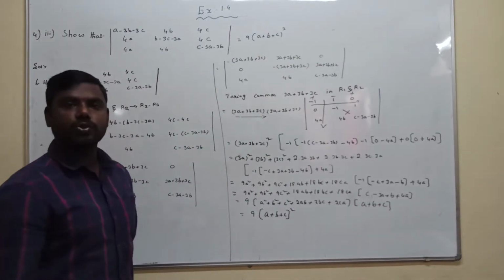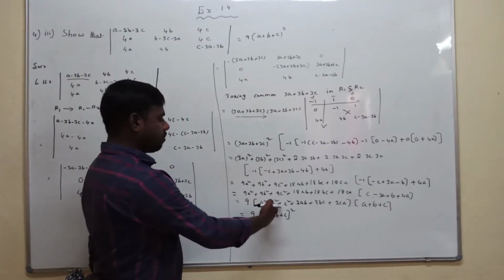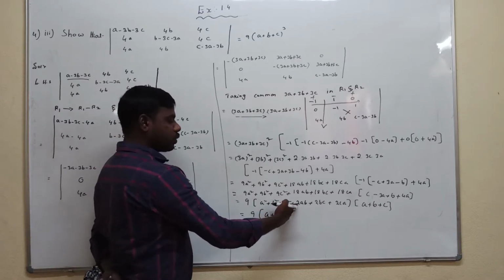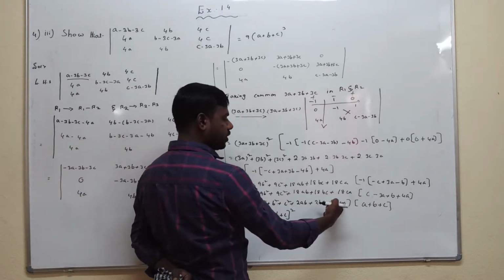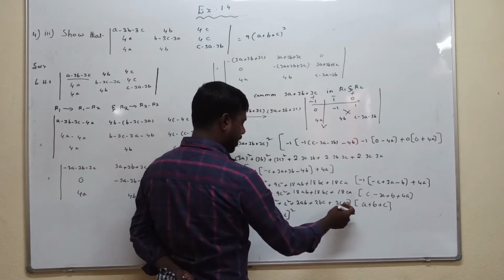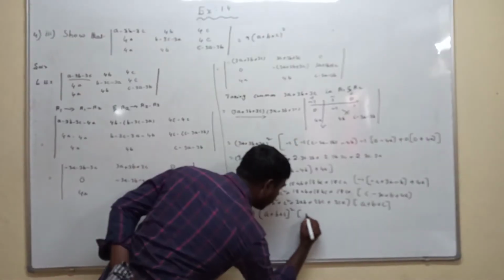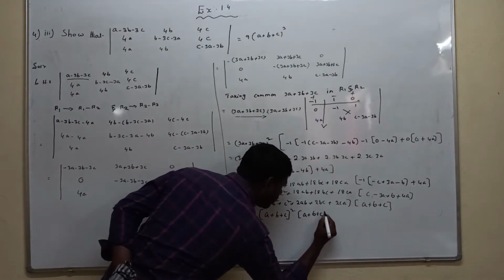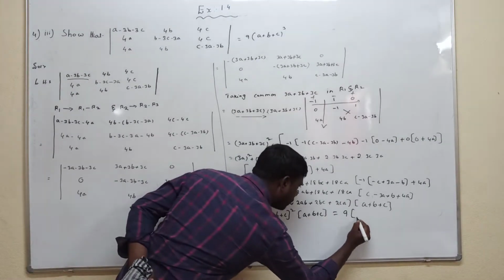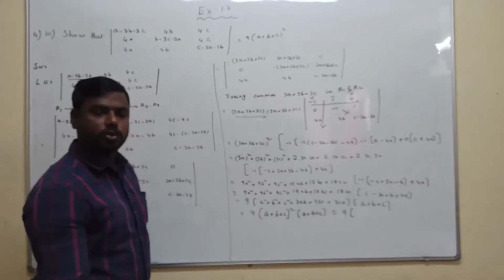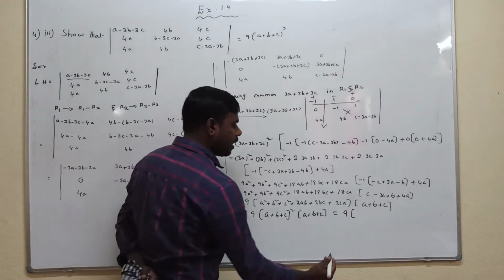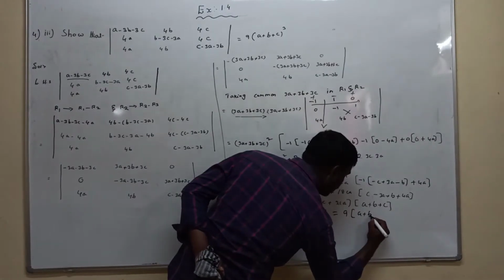That one can be written as (a+b+c) whole square into (a+b+c). Now 9 into (a+b+c) whole square into (a+b+c) is nothing but 9(a+b+c) whole cube.